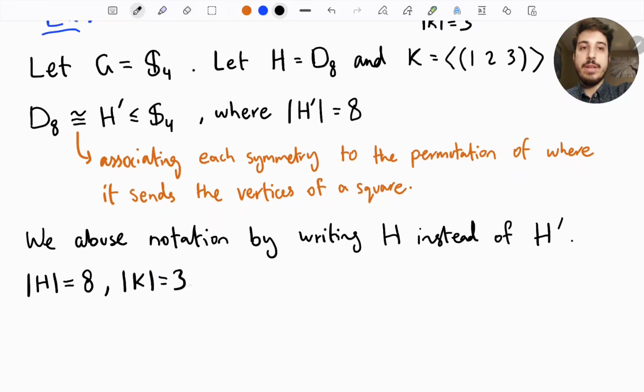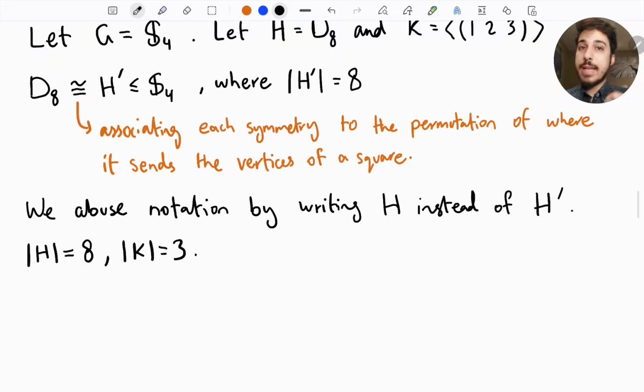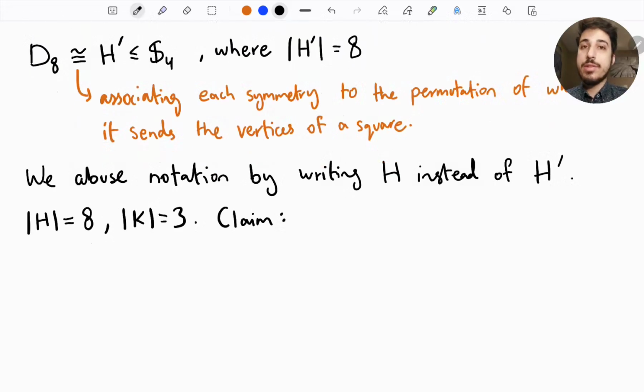Now what I claim here is that the intersection of H and K is the trivial subgroup containing only the identity permutation. I will be proving this claim a bit later, but for now I will treat it as fact.